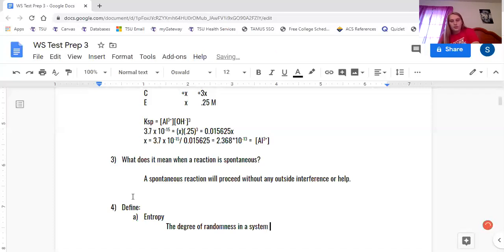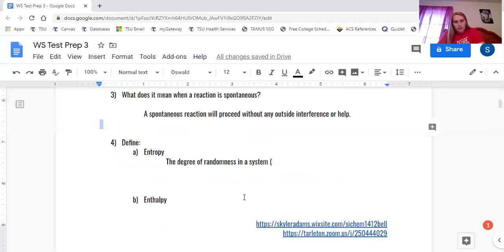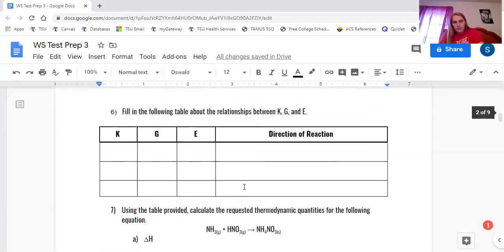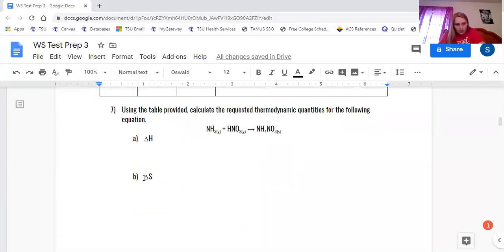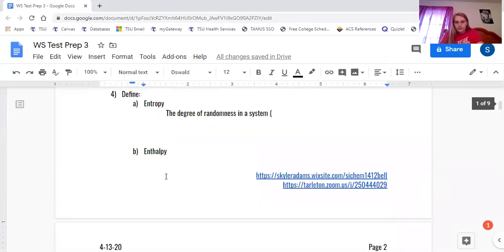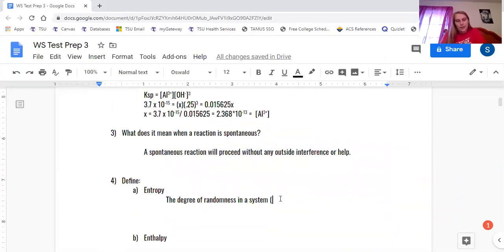And that's going to be delta S. I don't have a delta in here yet. Aha, here's delta S. There we go.